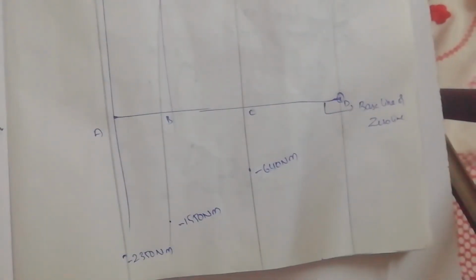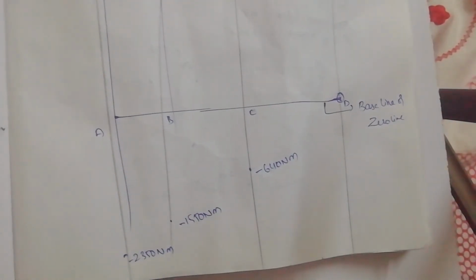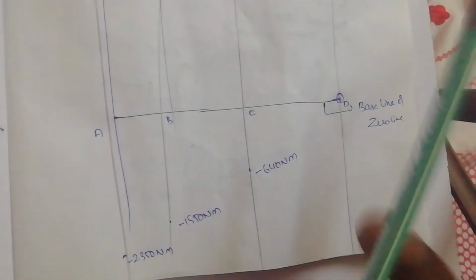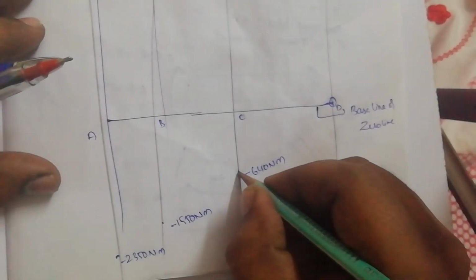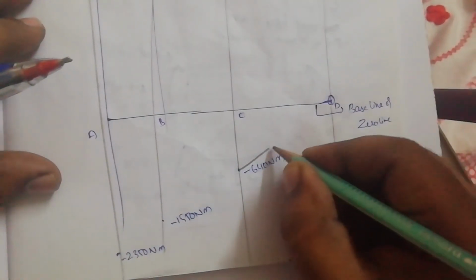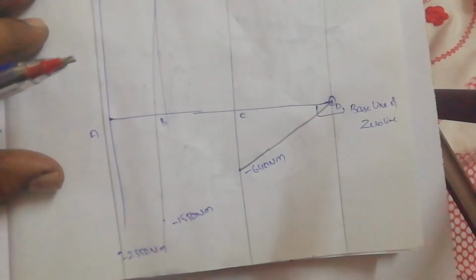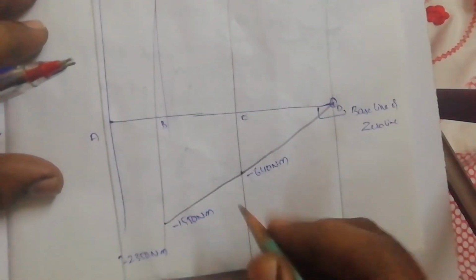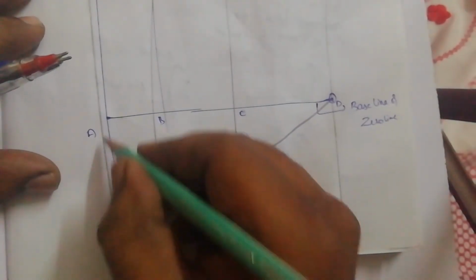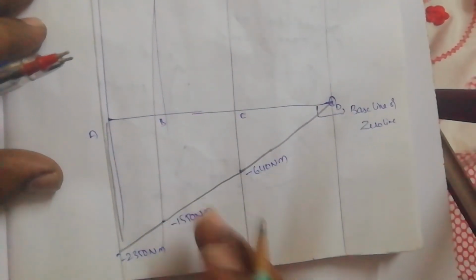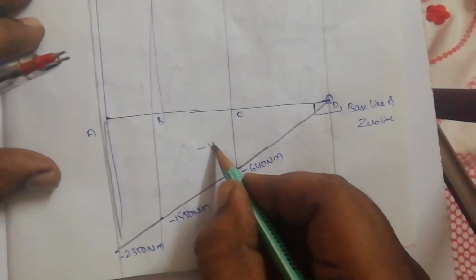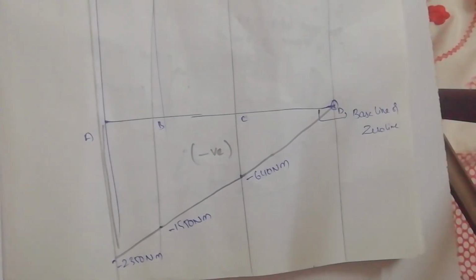So we have obtained the points. Now how to join these points? We simply join them using an inclined straight line, okay. Tell me on which side we have drawn these points: minus means this entire diagram is on the negative side.